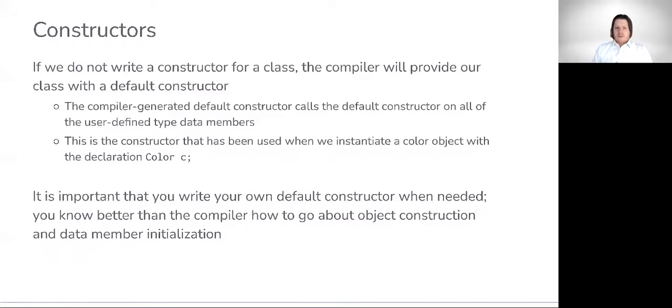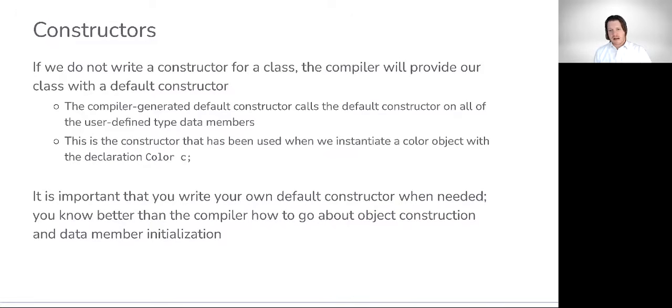Up until this point, we did not write a constructor for any of our classes. What this meant was the compiler was providing our class with a default constructor. The compiler-generated default constructor calls the default constructor on all of the user-defined type data members. For the primitive types, we do not have this, meaning that those values will be left undefined.